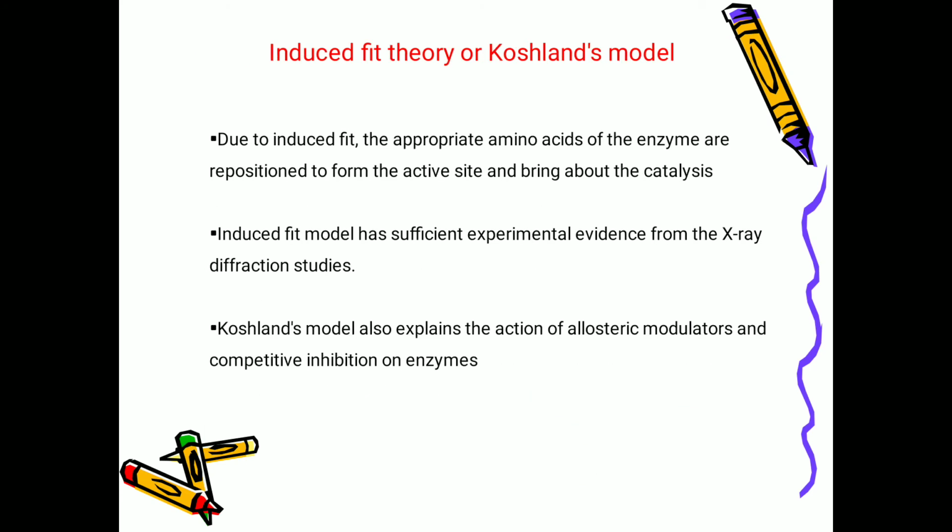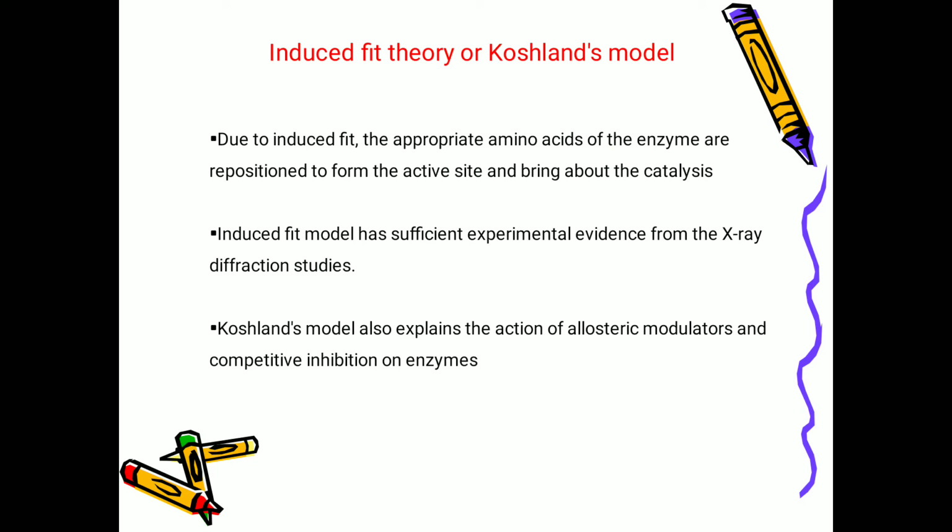Why is it called induced fit? Because it is a nascent active site, and because of the substrate it is getting induced to fit the substrate. That's why it is called induced fit theory, and it is proposed by Koshland. That's why it is called Koshland's model.